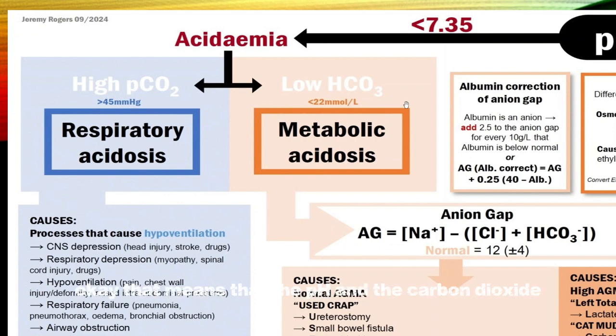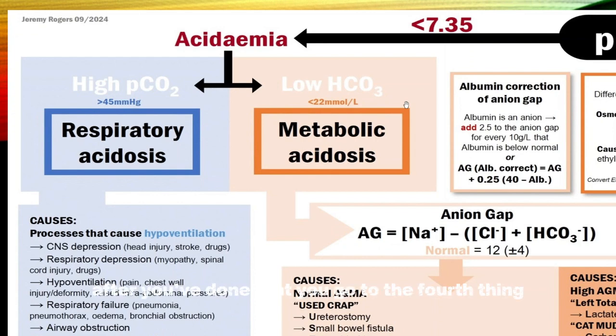That means that the pH and the carbon dioxide are in line, in tandem, and therefore the primary process that you have identified in such a case is respiratory acidosis. Therefore, the bicarbonate, you expect it to be normal in such an instance, normal or high. Because if the bicarbonate is high, it will cause metabolic alkalosis and not acidosis. I hope you understand that.